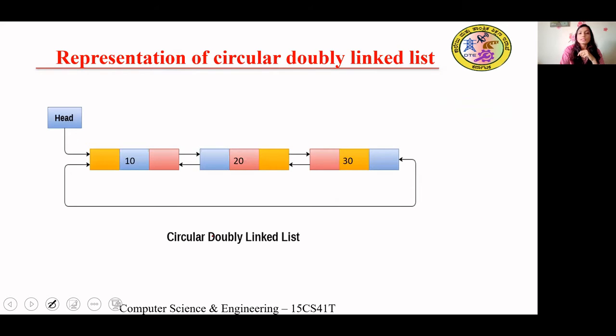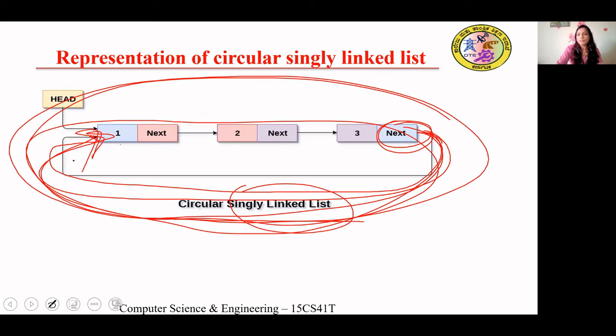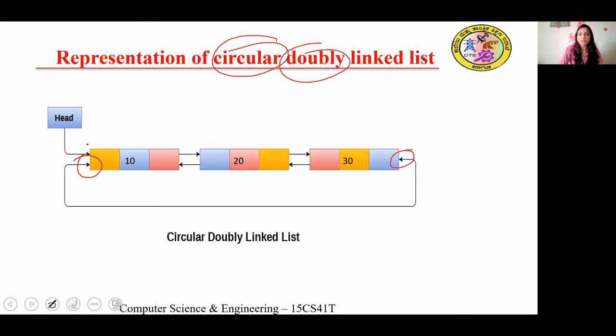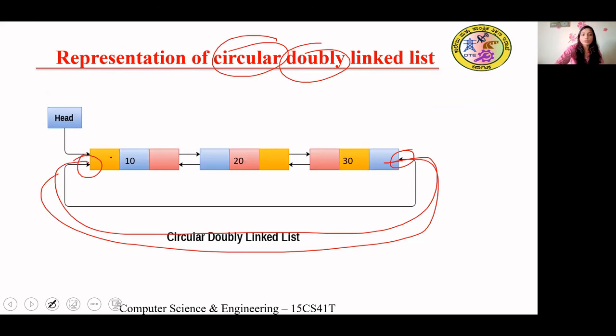Okay. So this is a representation of a circular doubly linked list. So here what will happen? Here see, two-way is there because previous and next are there. Here it was going one way and here we were connecting. Here you can go from the first node to the last, and from the last node you can go to the first.